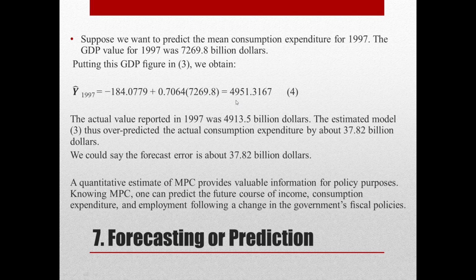So with the help of our model, we predicted the value to be 4,951, but actually when we got the value, we saw that it was $4,913 billion. So we can say that our model overpredicted the actual consumption expenditure by about $37.82 billion. So this $37.82 billion is known as the forecast error, right?